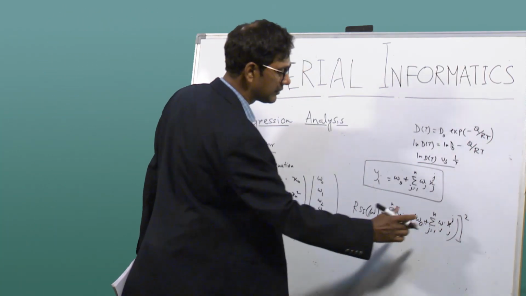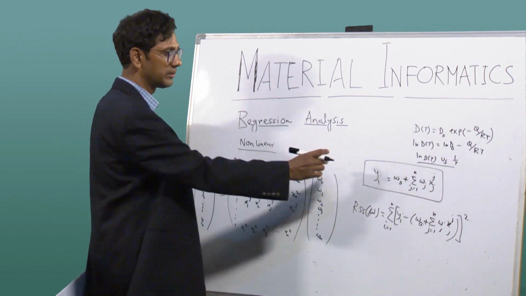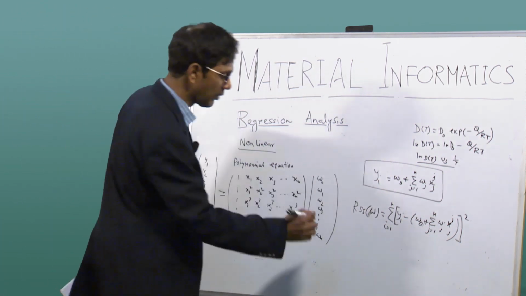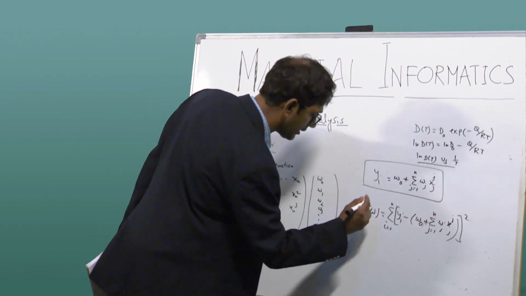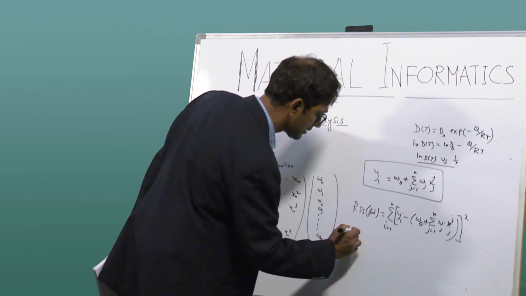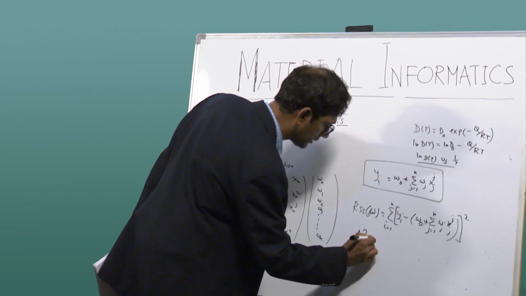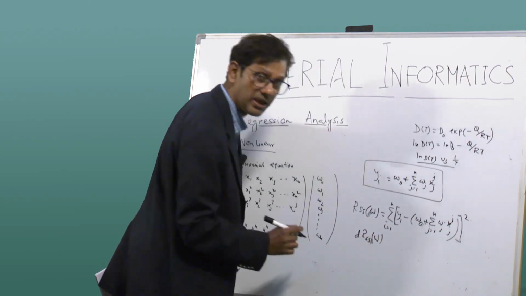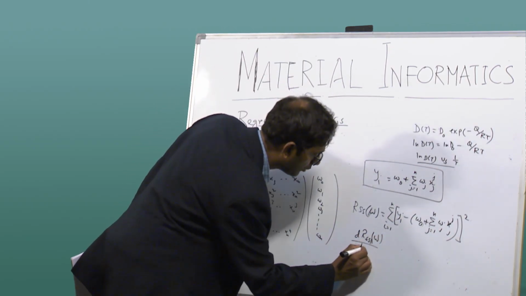We take the differentiation of these terms. So one can always do the minimization of the RSS, which I just did in the last part of the lecture, with respect to W0, W1 and so on.